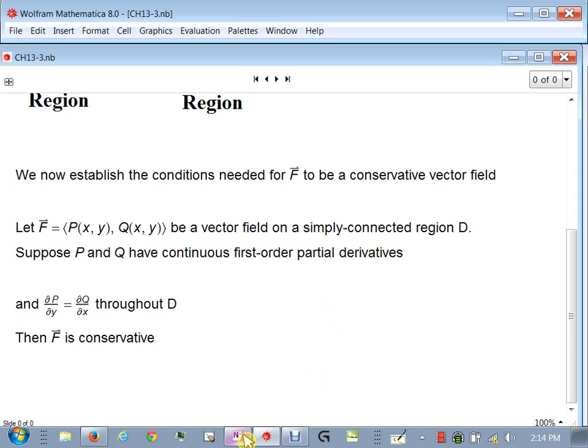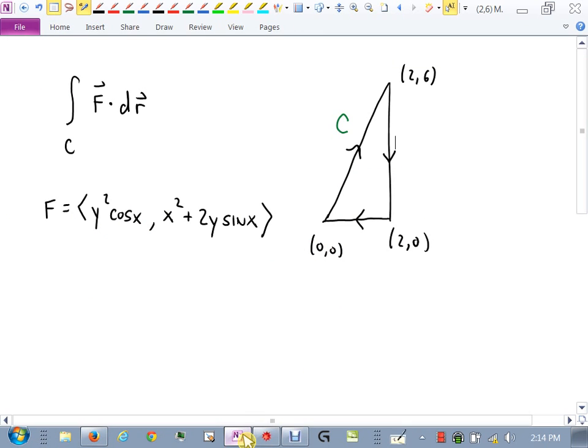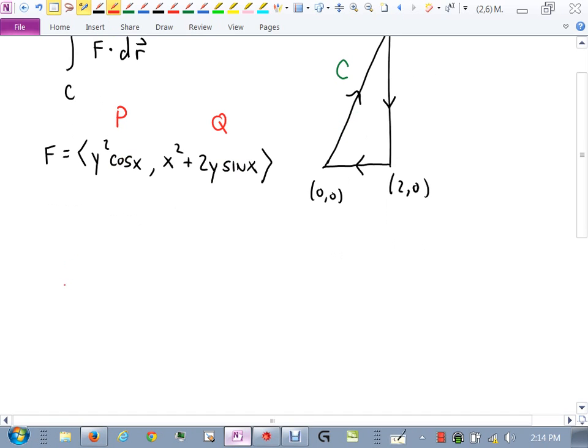So is it conservative? We're calling this P, we're calling this Q. What's the partial Q with respect to x? Ooh. What's the partial Q with respect to x? So 2x plus 2y cosine x. This is not looking good.